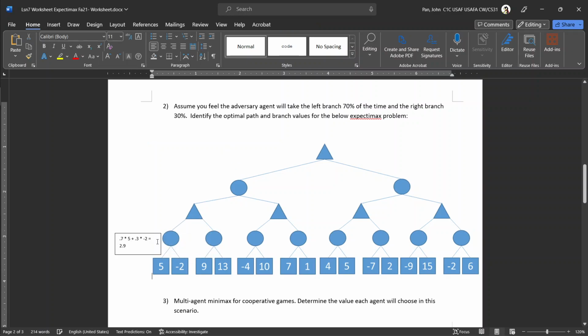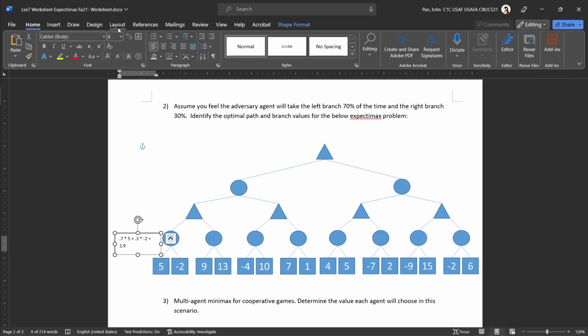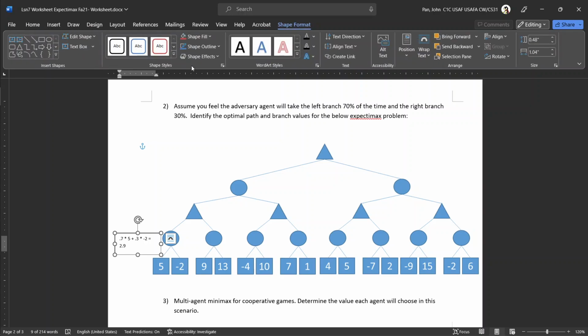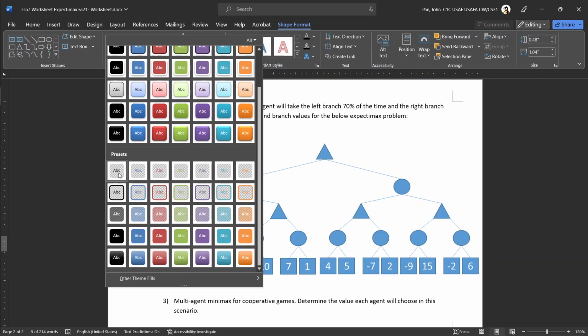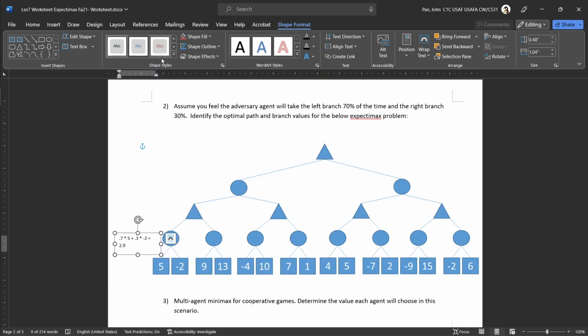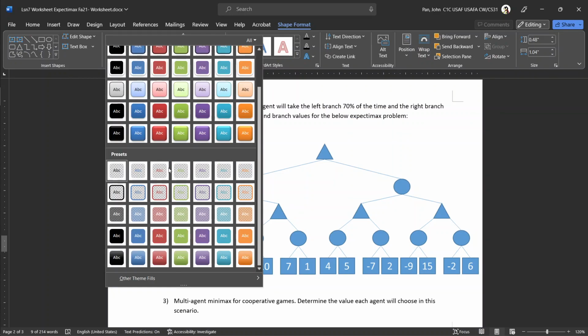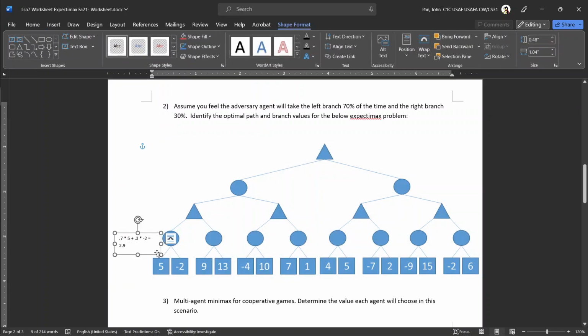Actually, I just thought of a solution to my formatting issues. I'm going to make the background clear. I can make this as big as I want.